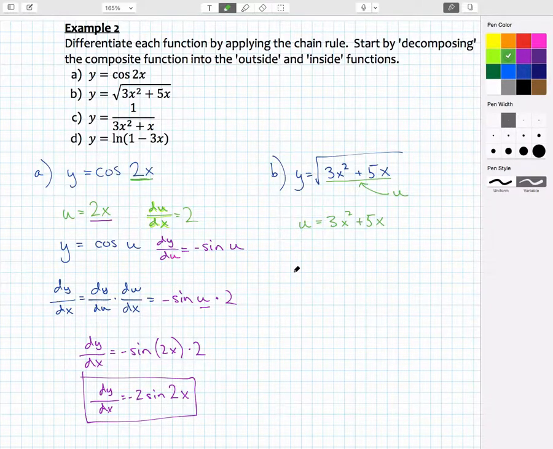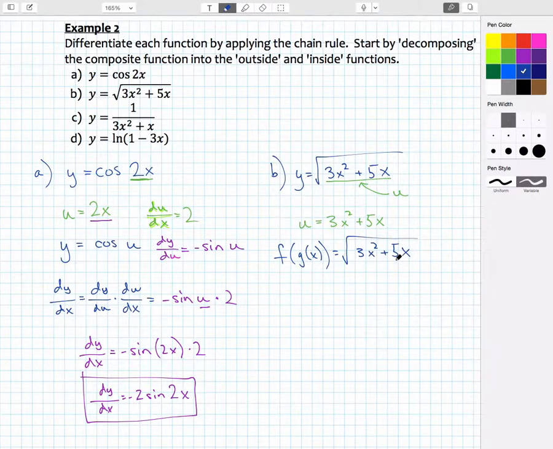I said I'd alternate in notation, so maybe I'll do that. I'll rewrite my function y. This is going to be the same thing. We can think of y as f of g of x, as two functions composed together. And that's going to be the square root of 3x squared plus 5x.